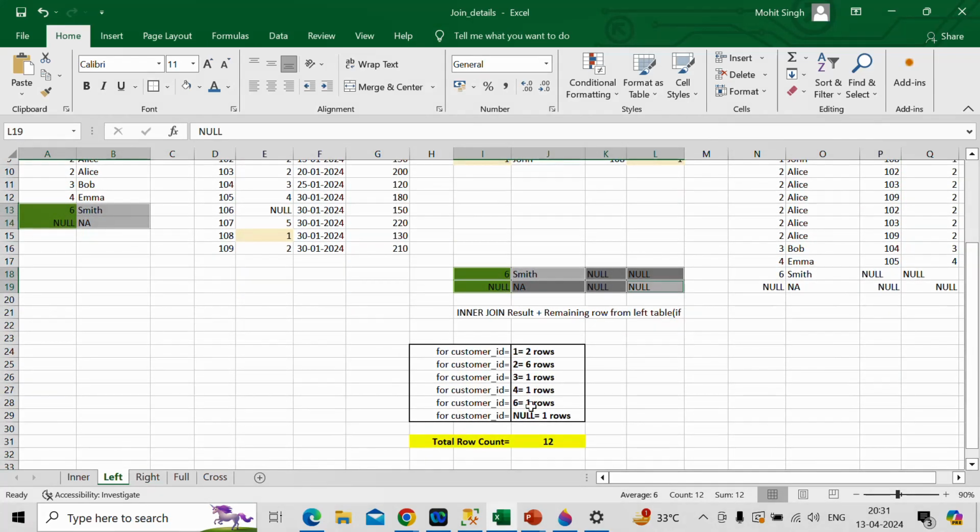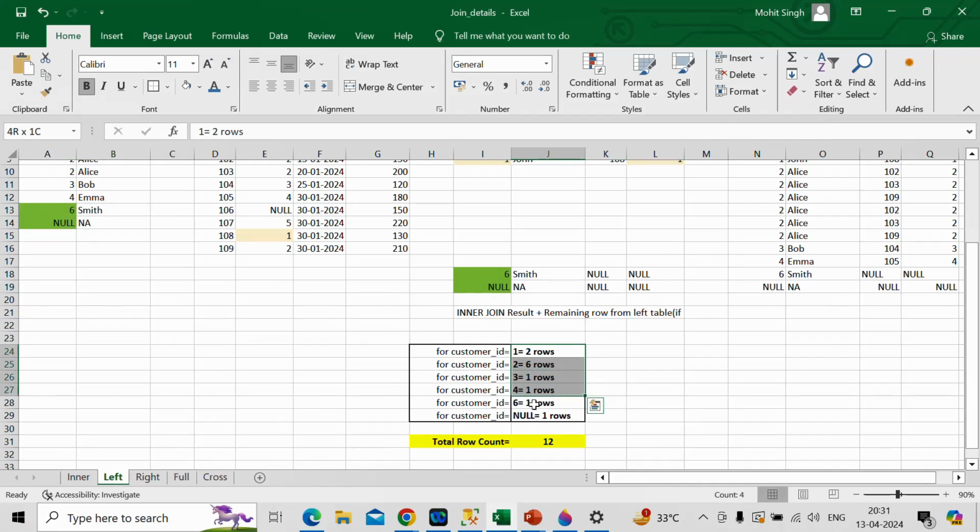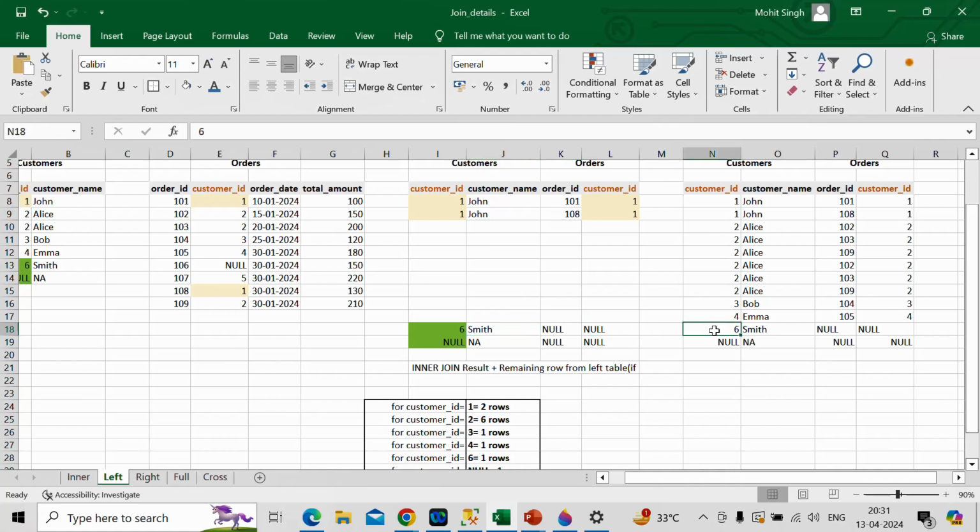So there is only one change: for customer ID 1, 2, 3, and 4, it is the same as inner join. In case of inner join, for customer ID 6, we were getting 0 rows because there was no match. But in case of left join, for customer ID 6 and null, we will get 1 row each. So this is the additional thing we get in the output in case of left join.